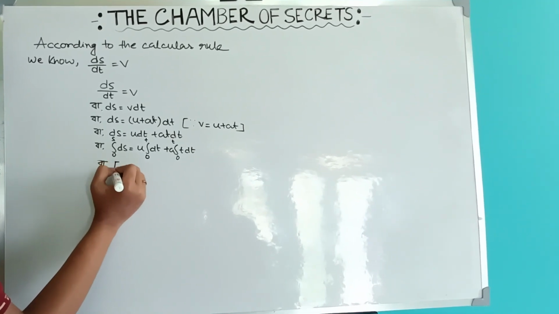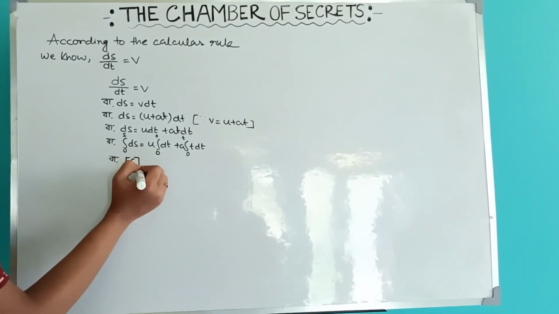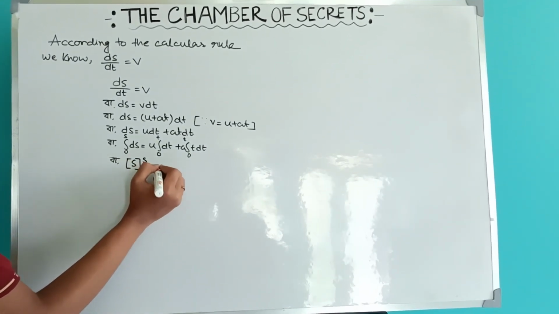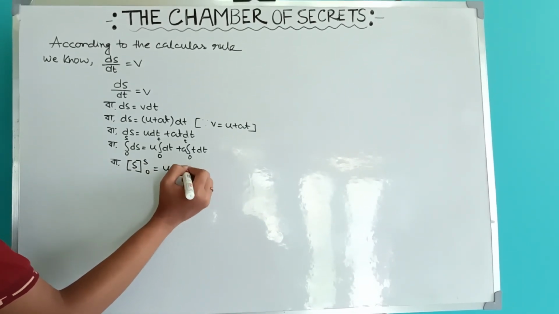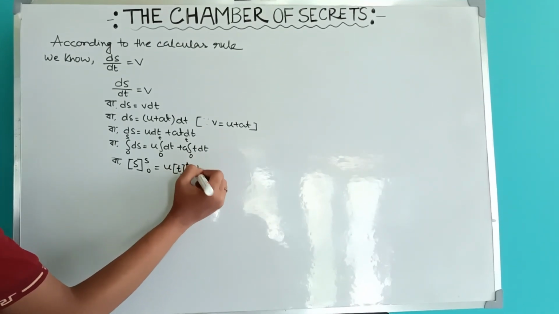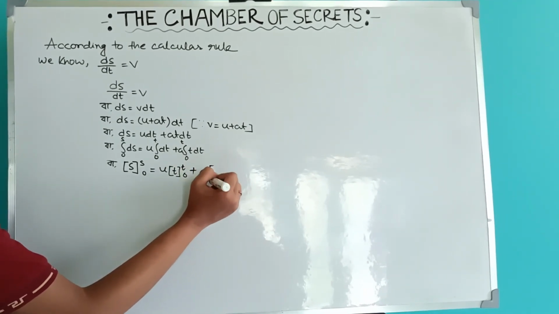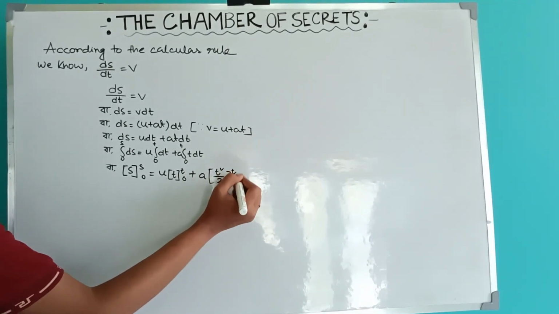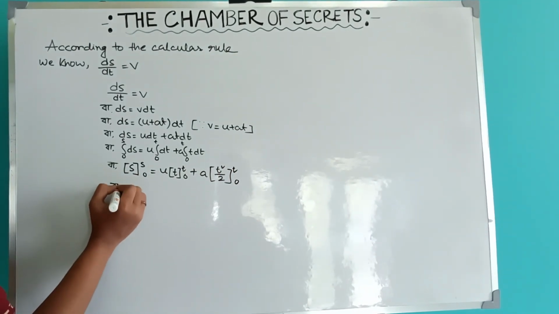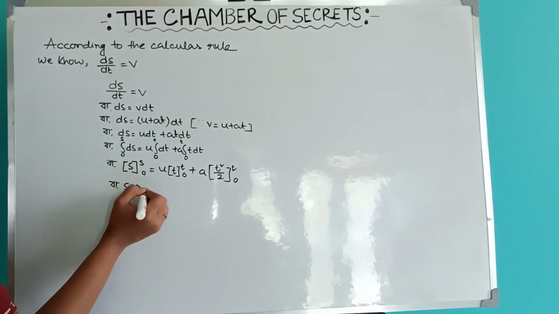And we will take the limits: upper limit s, lower limit 0; upper limit t, lower limit 0; and upper limit t, lower limit 0. In the next line we can write s, upper limit s, lower limit 0, is equal to ut, upper limit t, lower limit 0, plus at²/2, I'm sorry for the mistake, upper limit t, lower limit 0.